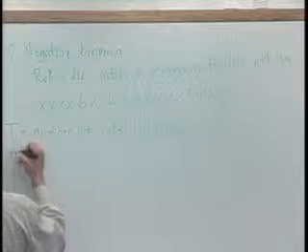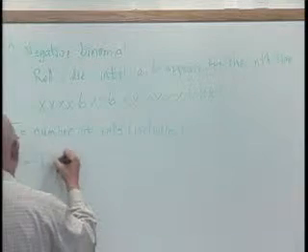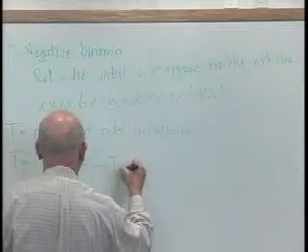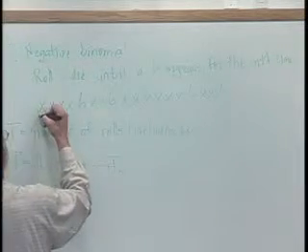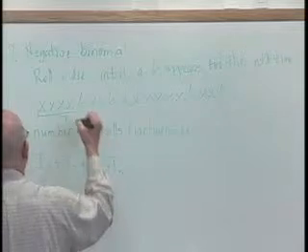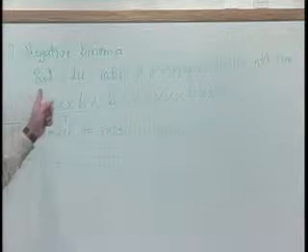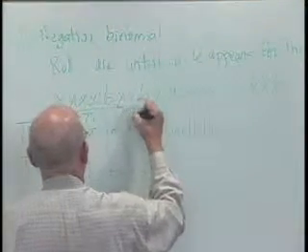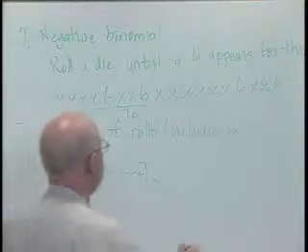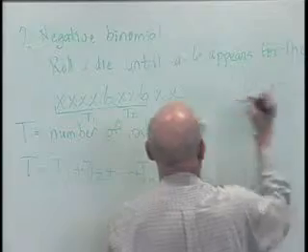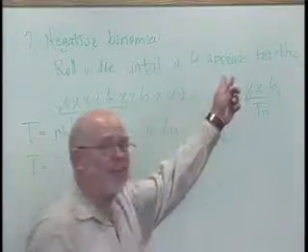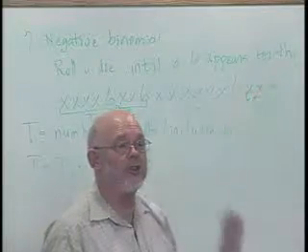And now I can write t is equal to t1 plus t2 plus dot dot dot plus tn, where by t1 I mean the number of rolls up to and including the first 6, t2, the number of rolls up to and including the second 6, and finally tn is the number of rolls after the next to last 6 up to and including the final 6.